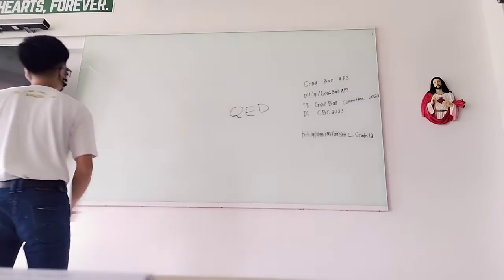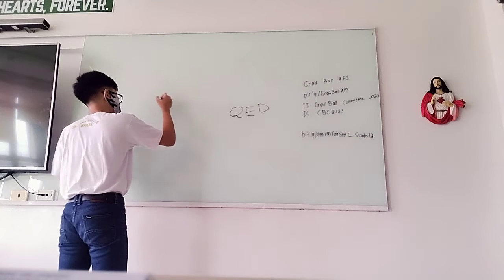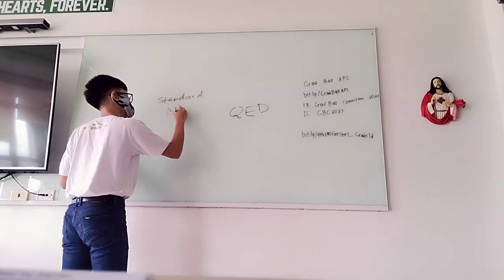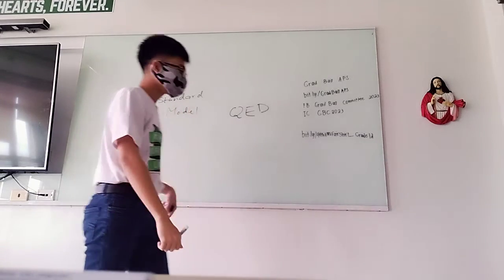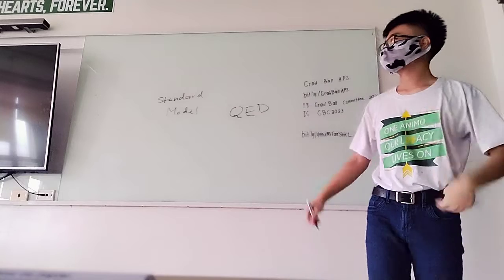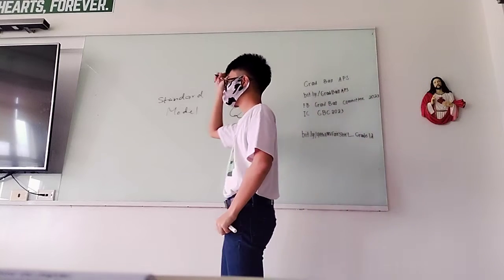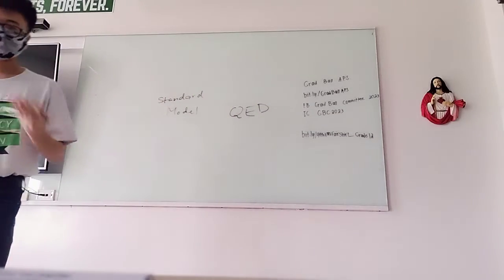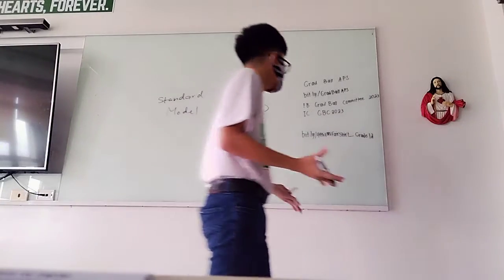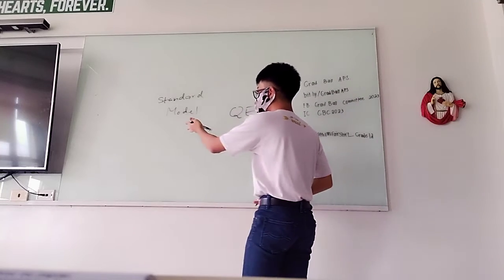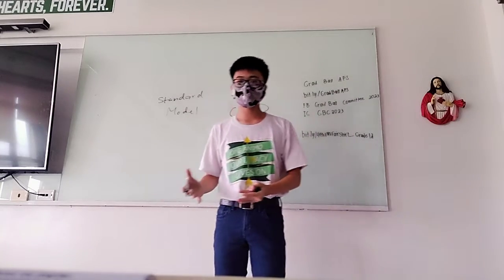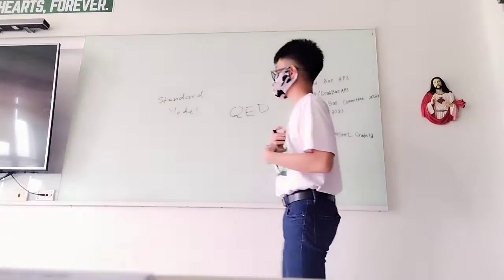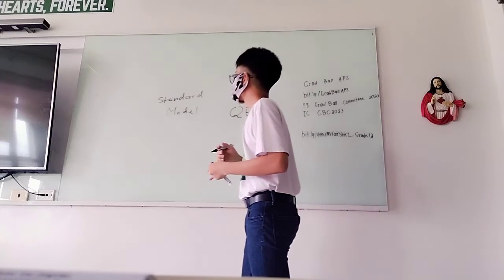So the standard model is the best scientific theory that can explain what makes up matter in modern times. It's the best explanation we have for why we have electromagnetic waves, how we have light, how we exist, of course, but not our origins, but nonetheless, what matter is made of.